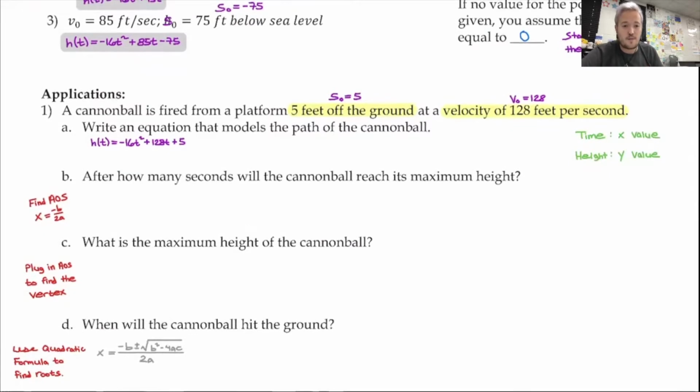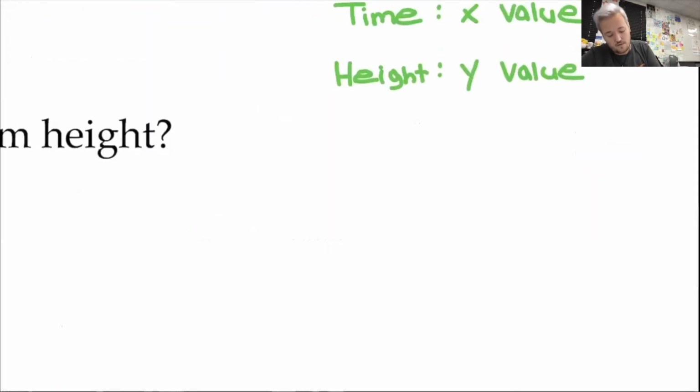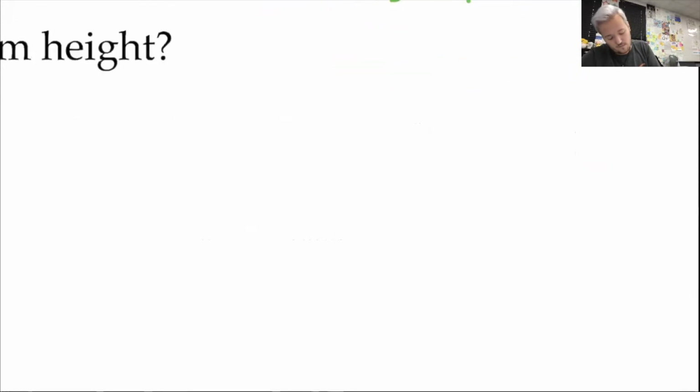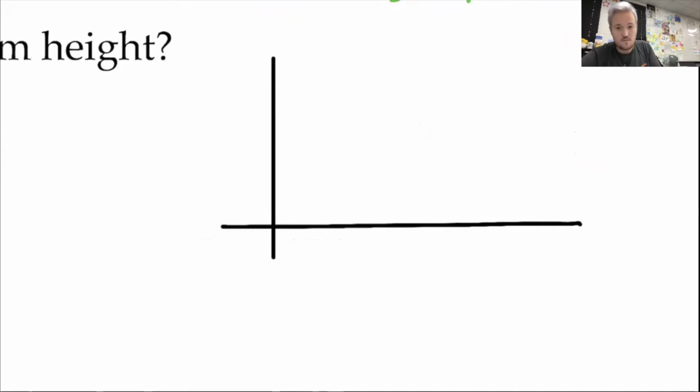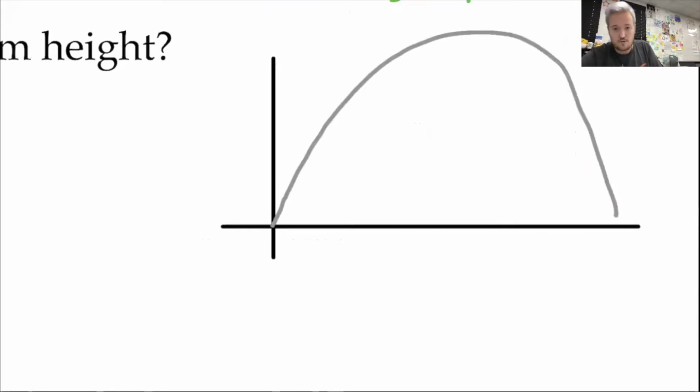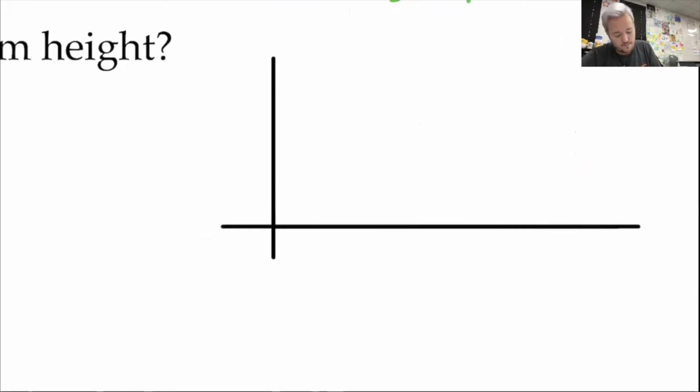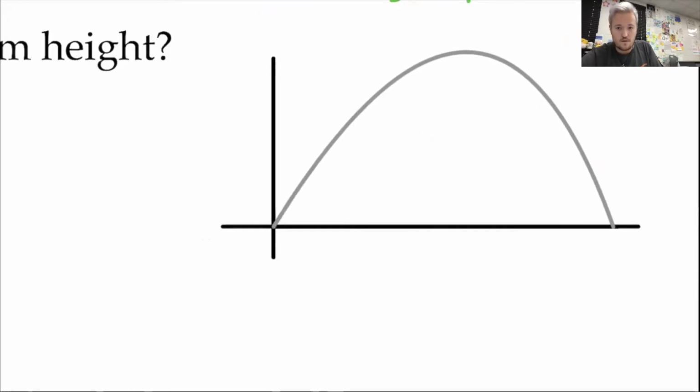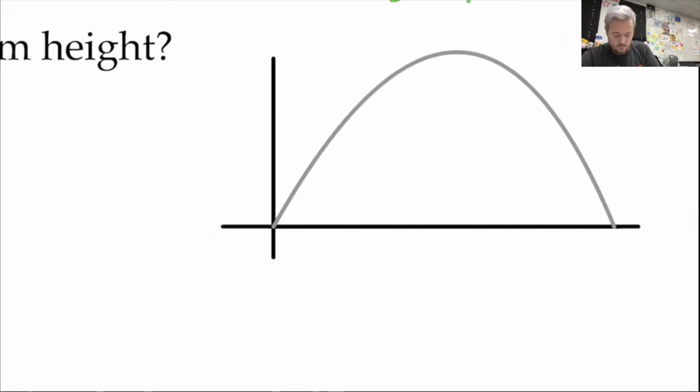So after how many seconds will the cannonball reach its maximum height? Let me draw a rough little estimate. Like I said, this is nothing exact. I'm going to draw the general path of the cannonball. By no means is this supposed to be extremely accurate.